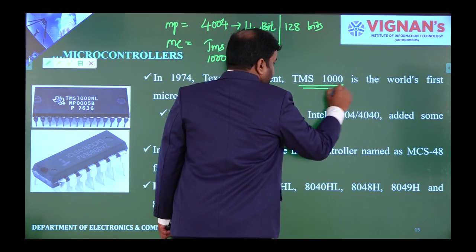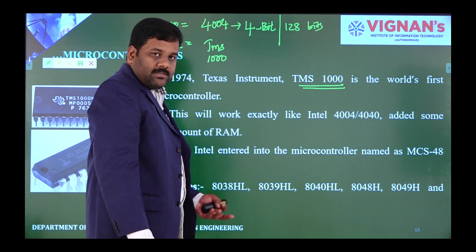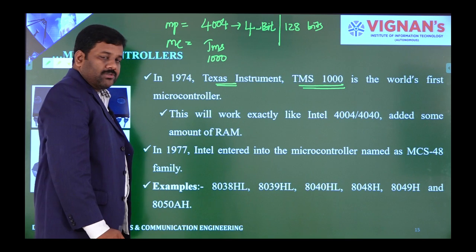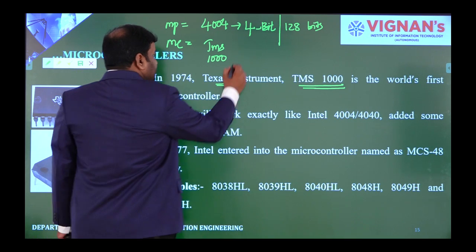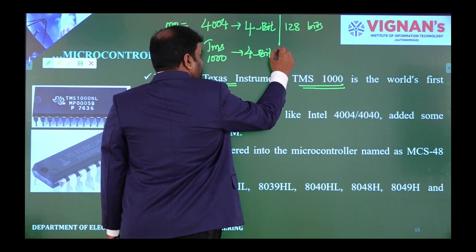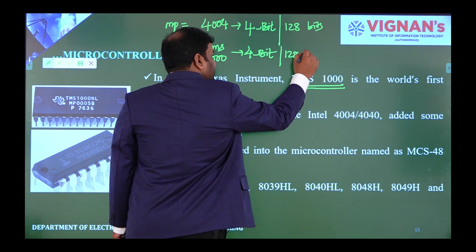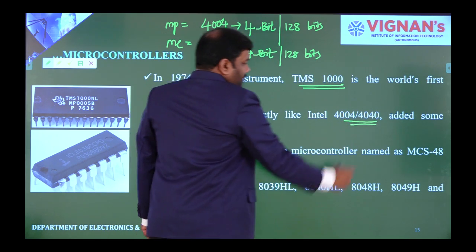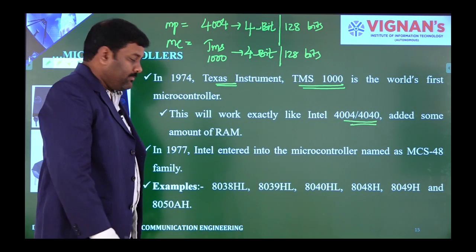The TMS 1000 is the world's first microcontroller, implemented by Texas Instruments. It is also a 4-bit microcontroller with 128-bit memory, just like the 4004 and 4040.